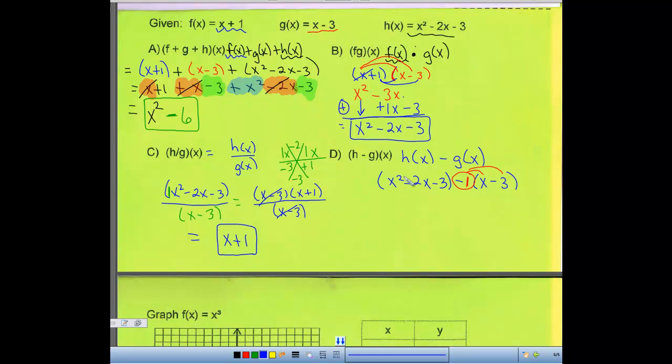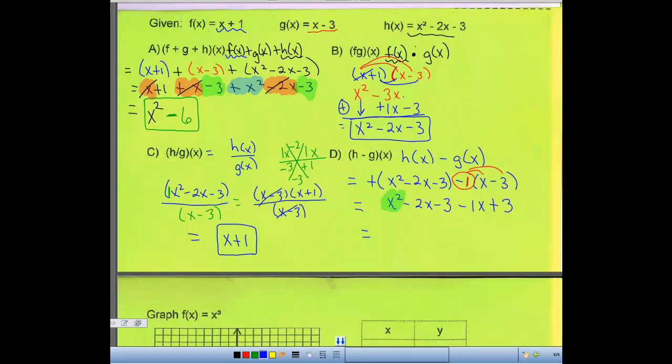Now let's bring everything out of parentheses. Since this is a positive in front, it just comes down: x squared minus 2x minus 3. Negative 1 times x is negative 1x. Negative 1 times negative 3 is positive 3. Now let's combine like terms.